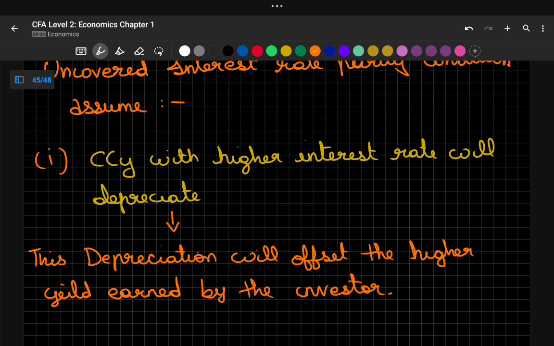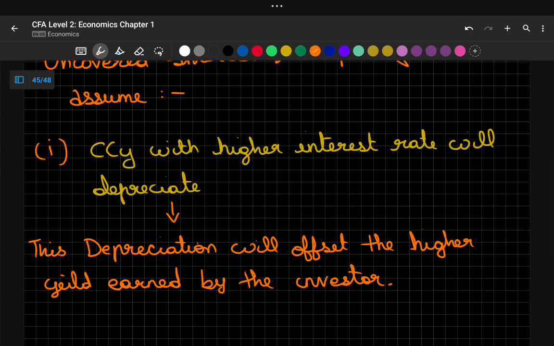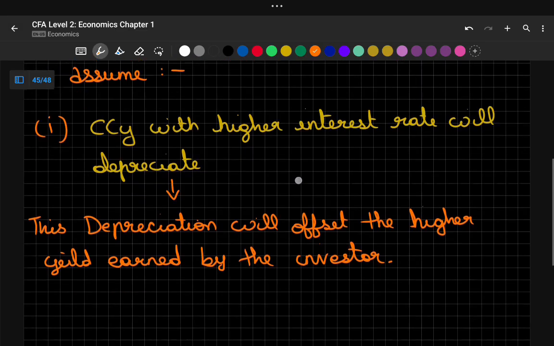Or in simple terms, in our example, INR had a lower interest rate, right? So INR would be appreciating by that interest rate differential, which is equal to 1.5%.